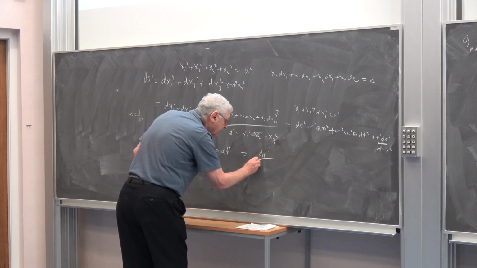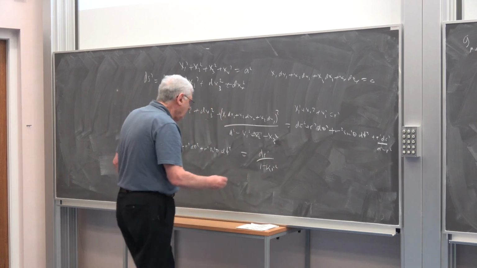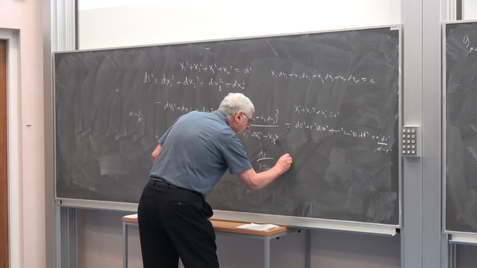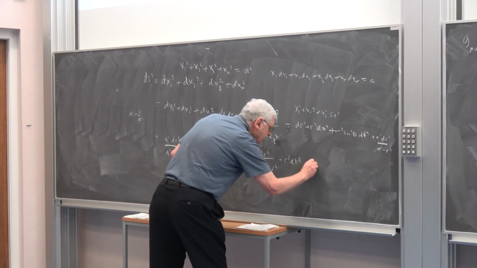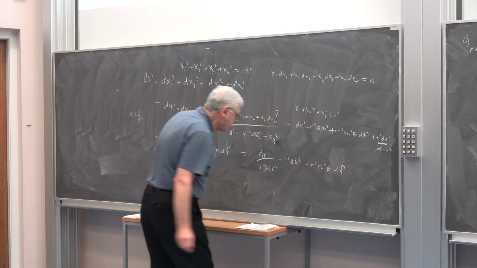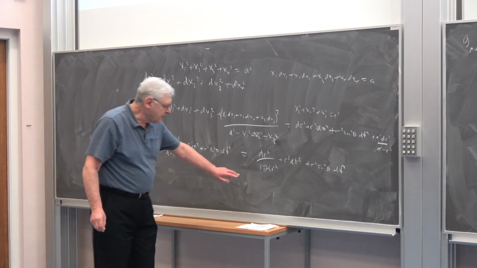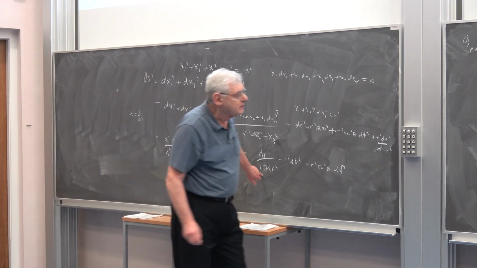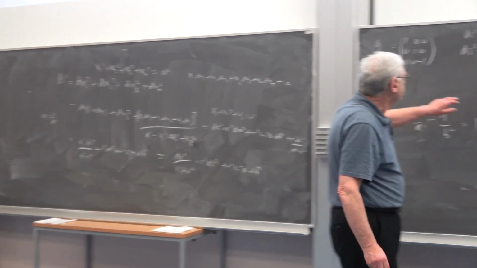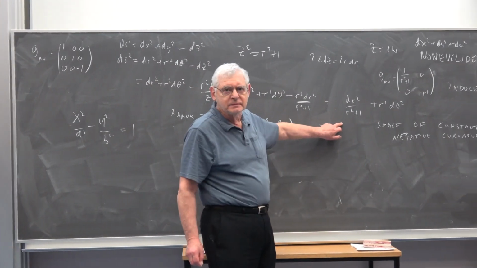And so that gives us finally dr squared over 1 minus k r squared plus r squared d theta squared plus r squared sine squared theta d phi squared. Now, you notice that this is identical to this one, except it's in one lower dimension.